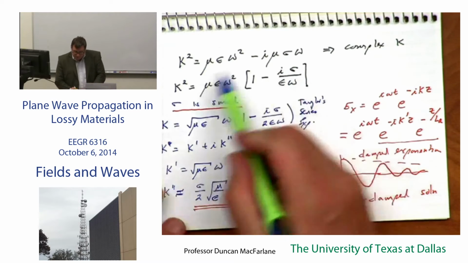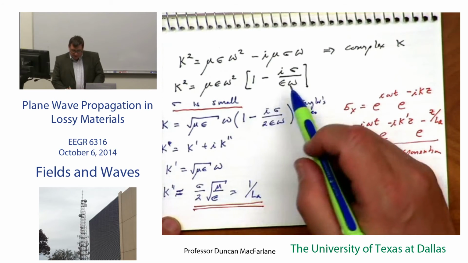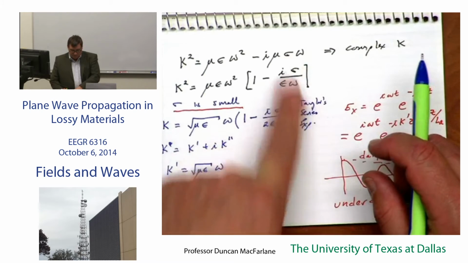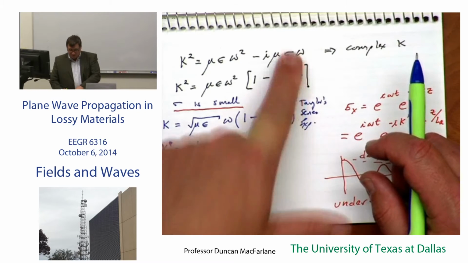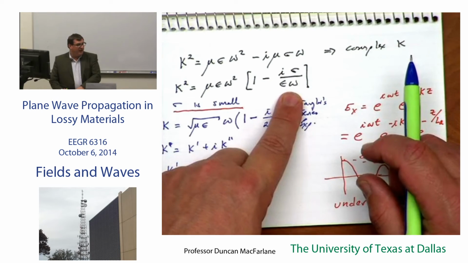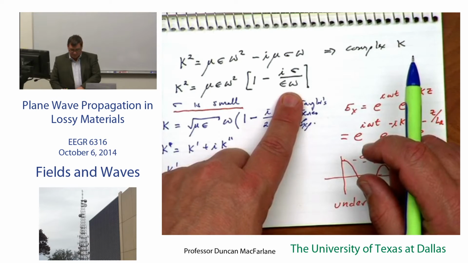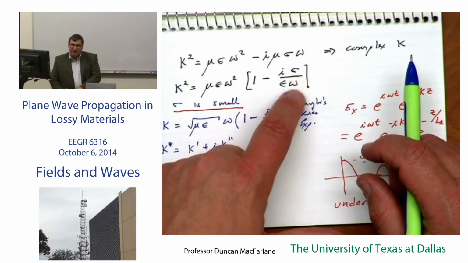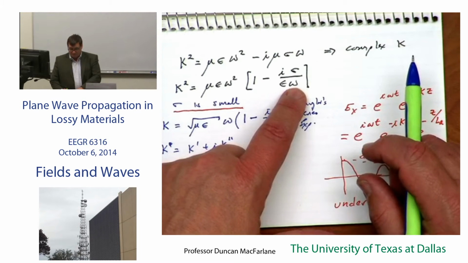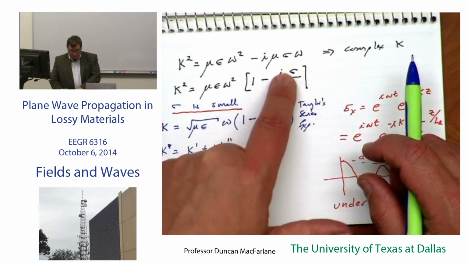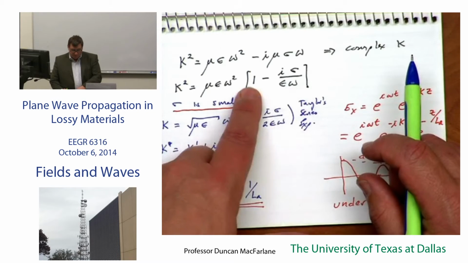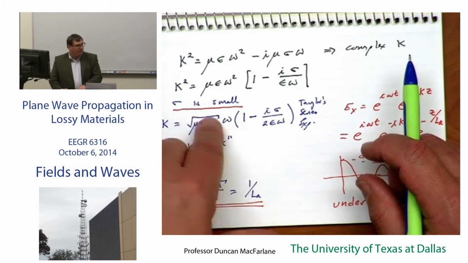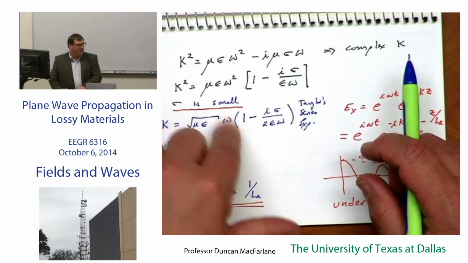Now, going back to this term here, I didn't neglect this term altogether. I kept part of that information, but I just expanded it as a Taylor series. If sigma is really big, like I am propagating into a metal, for example, then this term might be large relative to 1. If this term was 1/10 of that, we were at the boundary of the small sigma limit.